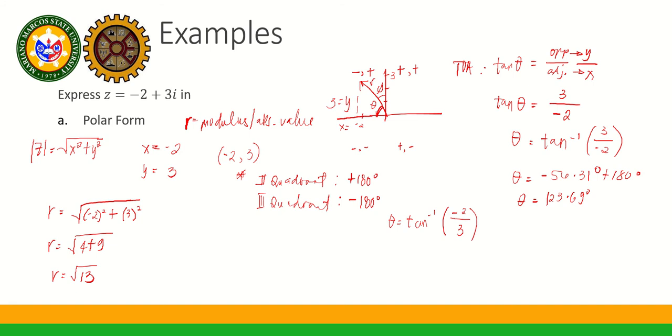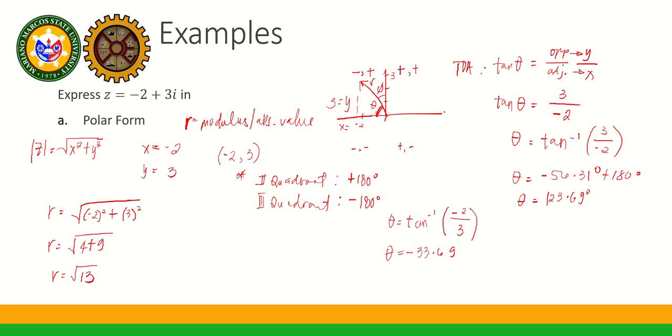So tangent inverse of negative 2 over 3. The new angle na makukuha natin will be negative 33.69. So ibig sabihin, from our y-axis to the hypotenuse or our modulus, the angle is 33.69. Now, disregarding yung sign natin, we add 90 degrees.